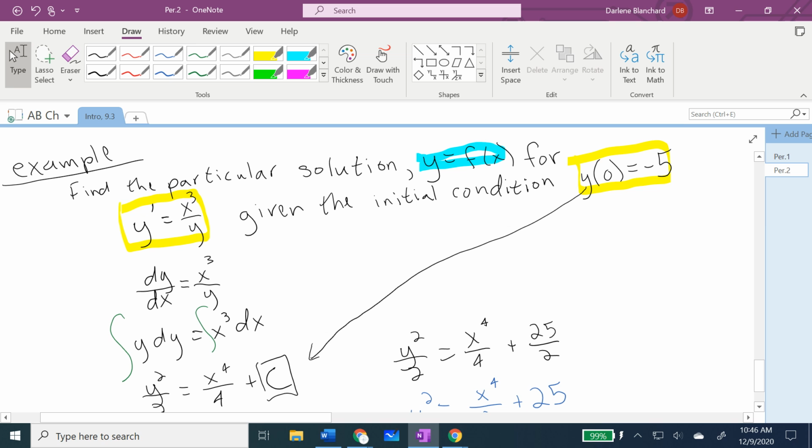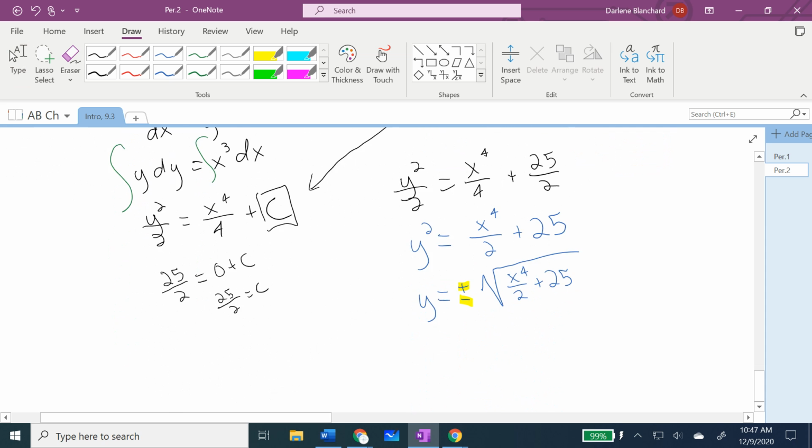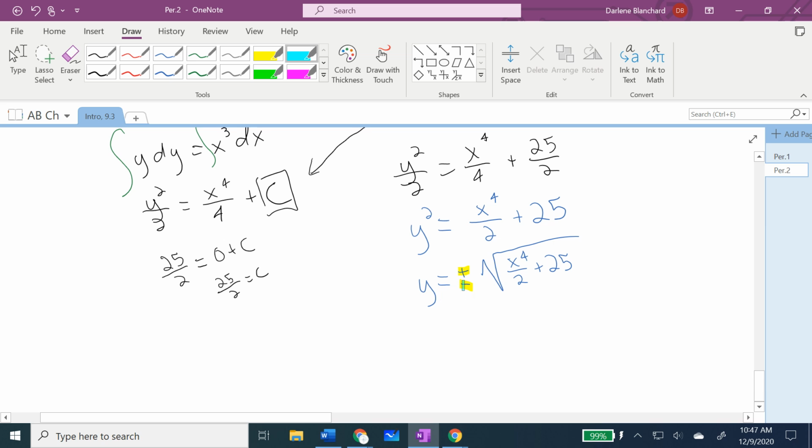Anyway, look at that initial condition, and do you see the answer? The known point has a negative y value. If one of them is negative, the only ones that I have for the continuous function are negative.